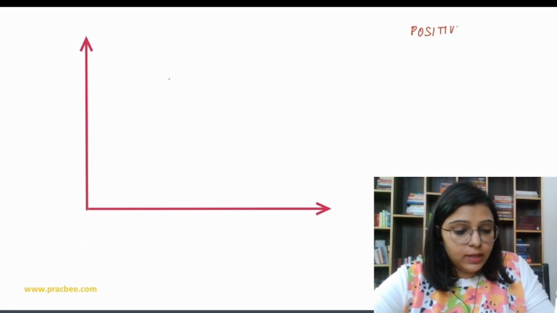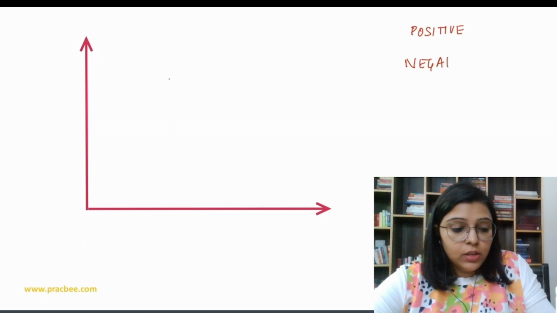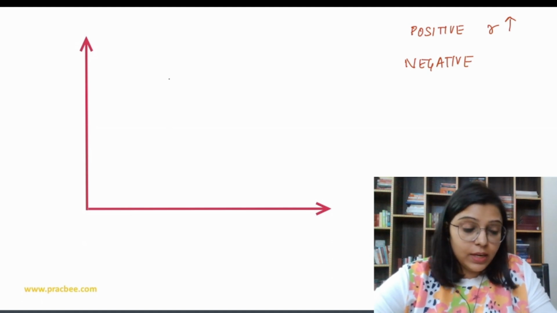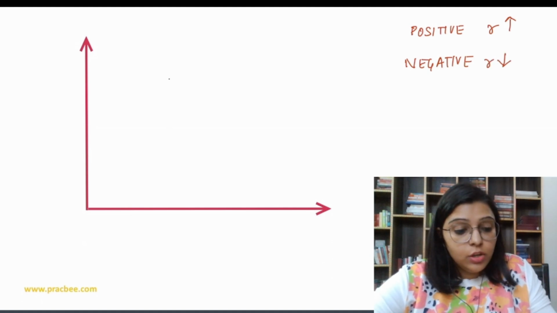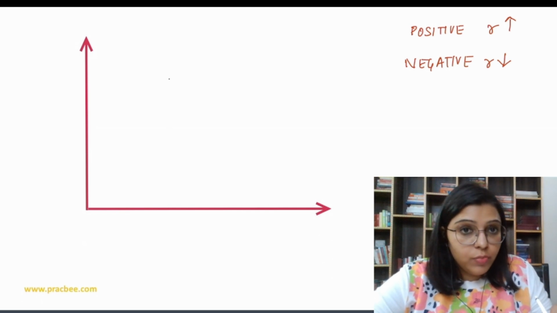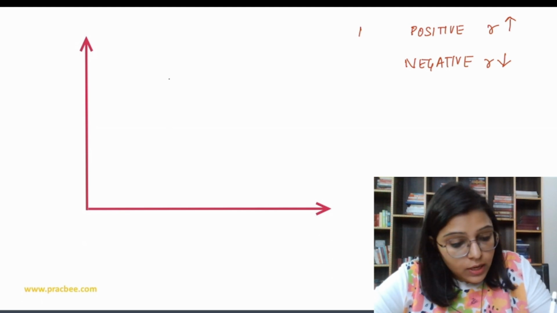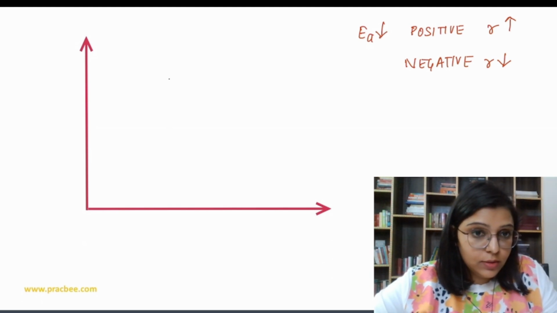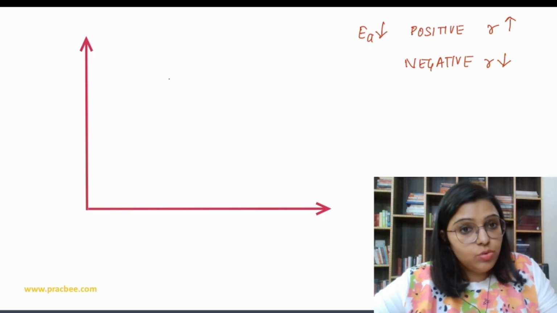One is the positive catalyst, the second is the negative catalyst. In the presence of a positive catalyst, the rate of reaction increases, while in the presence of a negative catalyst, the rate of reaction decreases. So in the presence of a positive catalyst, activation energy decreases, due to which the rate of reaction increases. And vice versa is true for the negative one.